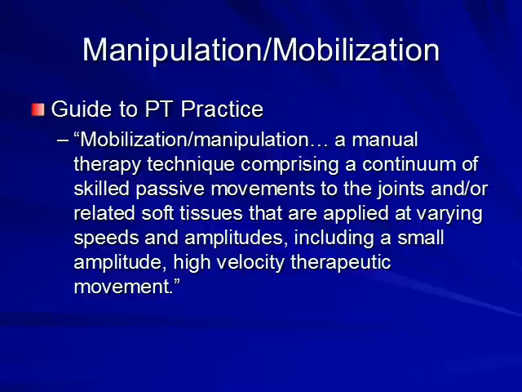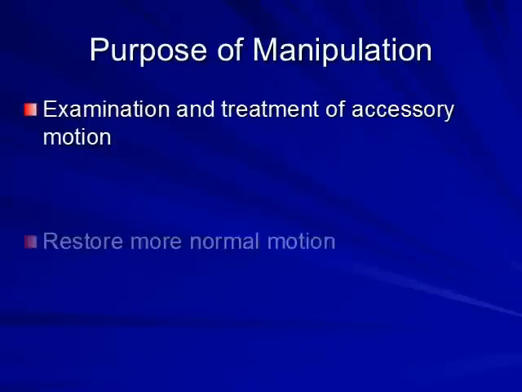Like what speed or amplitude are you doing? Are you doing a small amplitude, high velocity therapeutic motion, which is also termed a thrust motion? So mobilization and manipulation, I want you to think of as synonymous terms in this coursework.